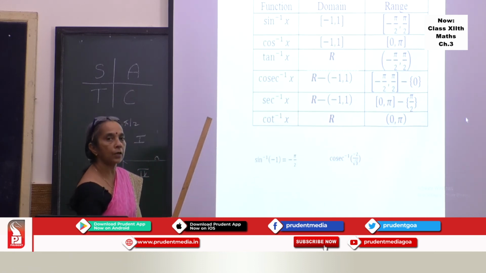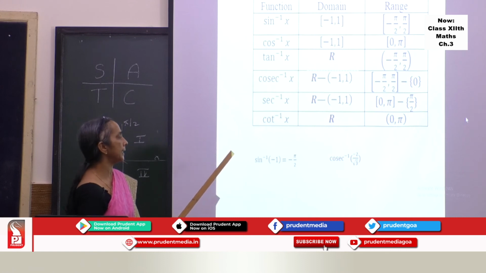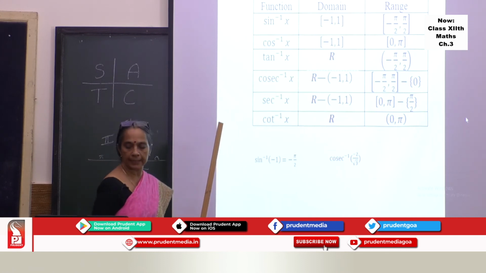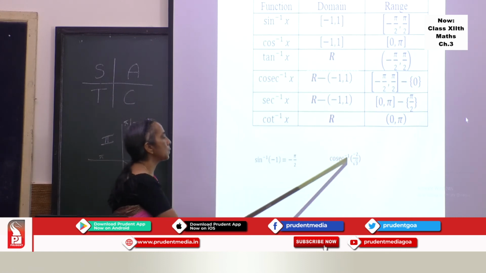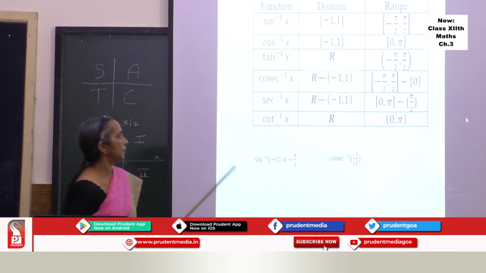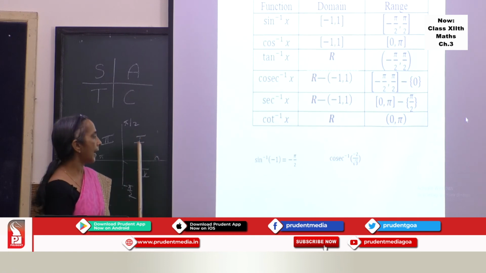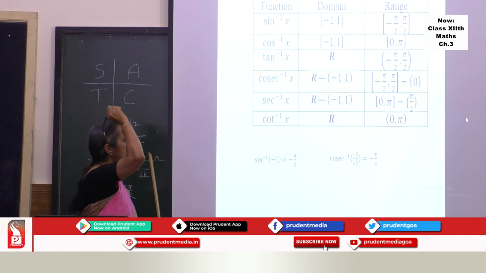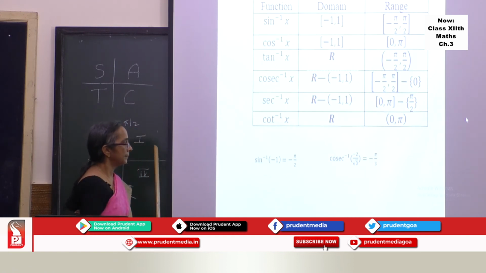So, cosec of minus 60 degrees, or minus pi by 3, is minus 2 by root 3. It should be in this quadrant. Therefore, the answer is minus pi by 3.